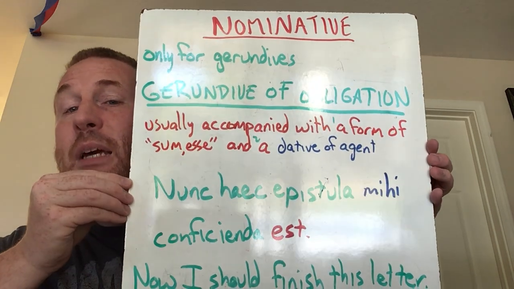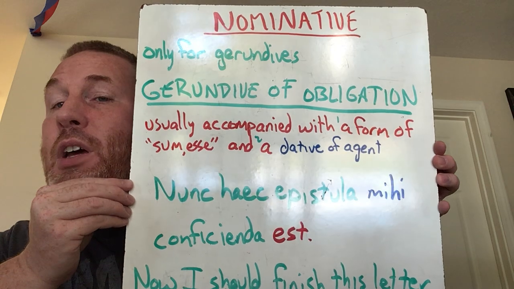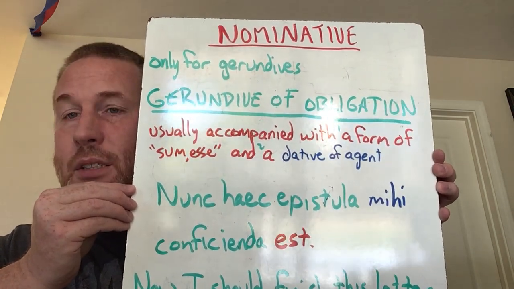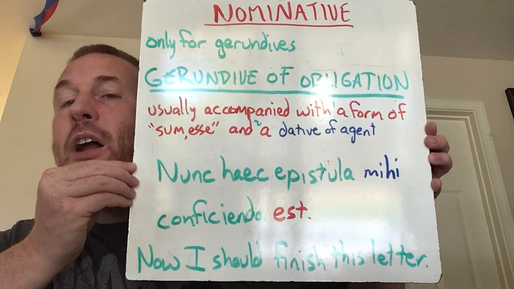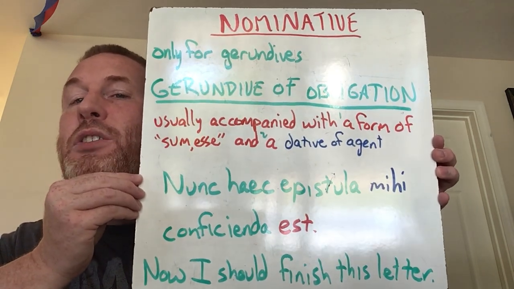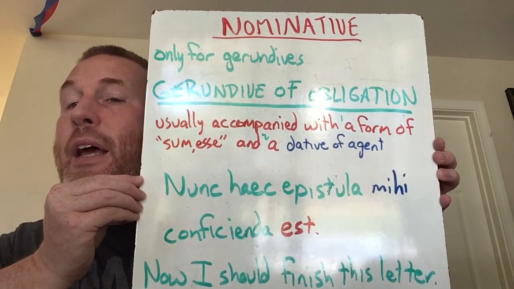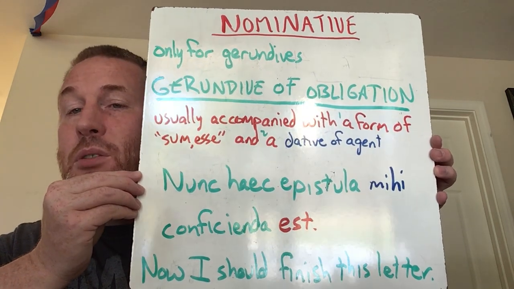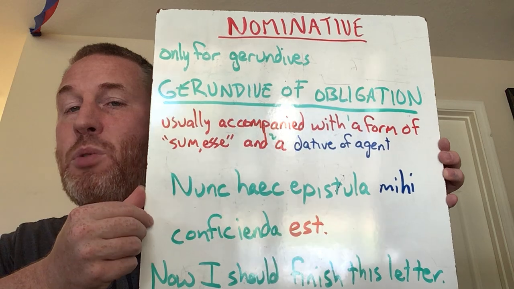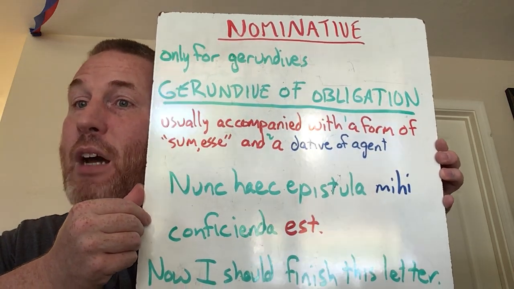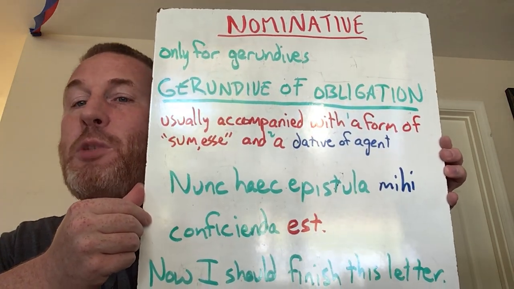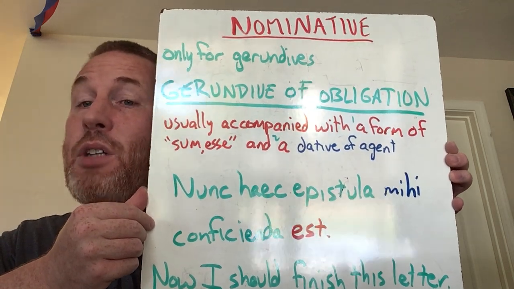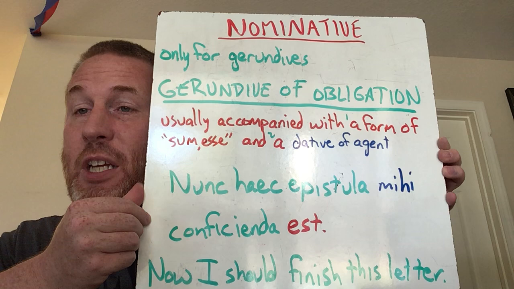And the best example I can give you right now is Nunc haec epistula mihi conficienda est. Okay, so I've color-coded it a little bit. So mihi is your dative of agent, and the est is the form of sum esse. Now, what I would like to point out to you: nunc haec epistula, that is feminine nominative singular, which means conficienda, the gerundive, has to modify it, so it is also nominative feminine singular.